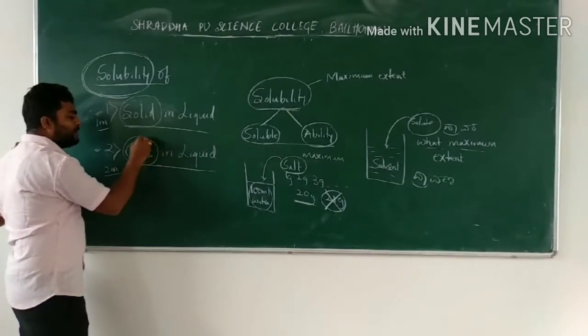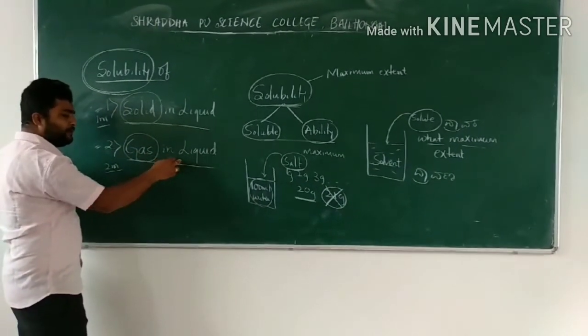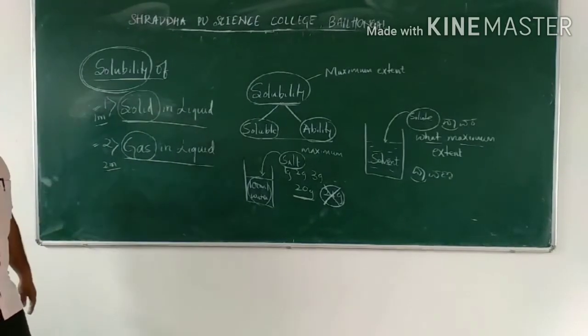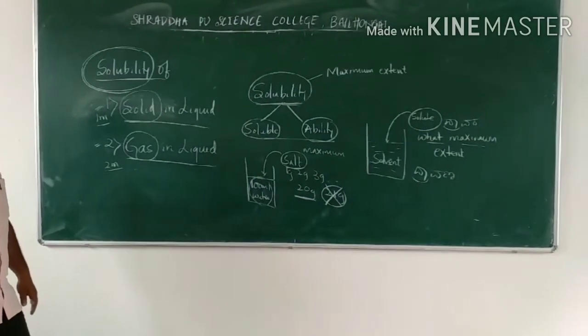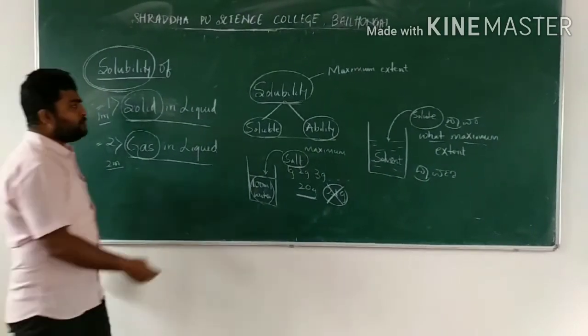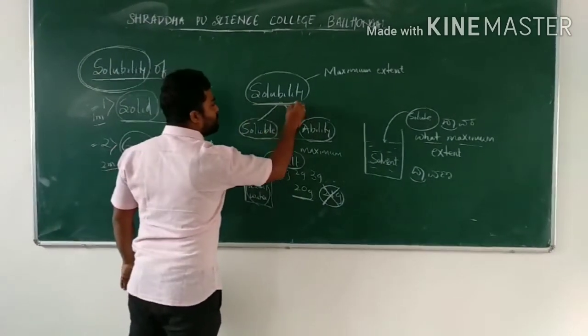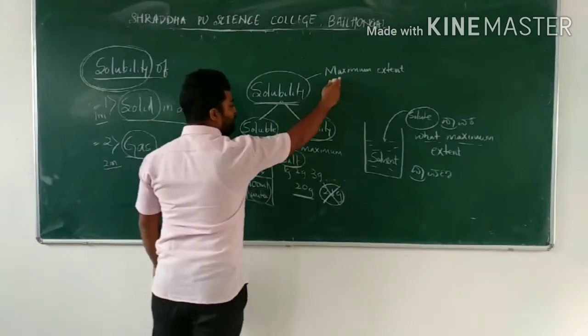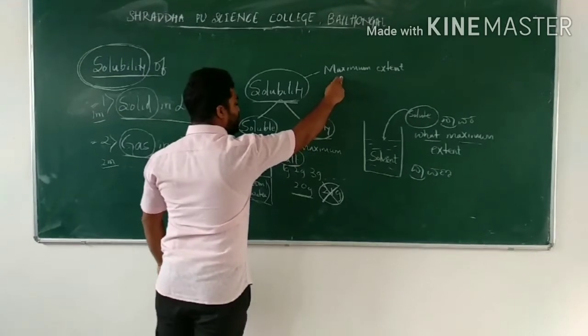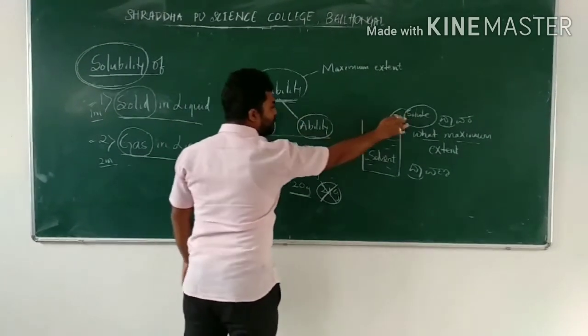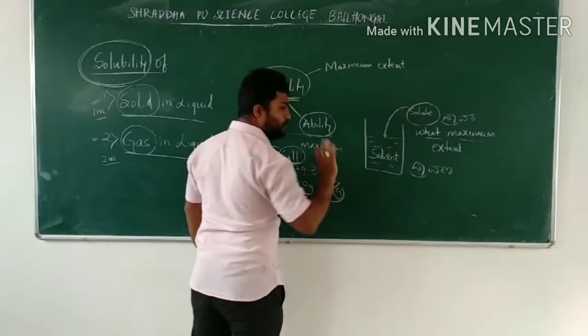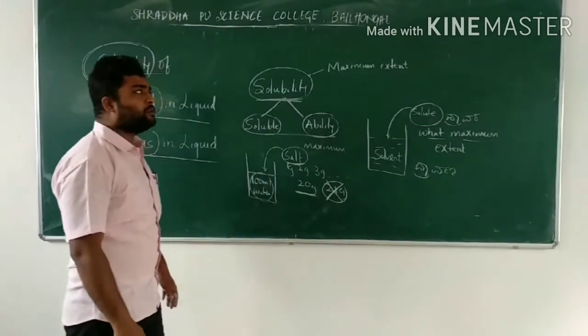And what happens when a gas is soluble in a liquid, and what are its applications? Applications we will be seeing. But as of now, you have to understand solubility is the maximum extent a particular solute is soluble in a solvent.